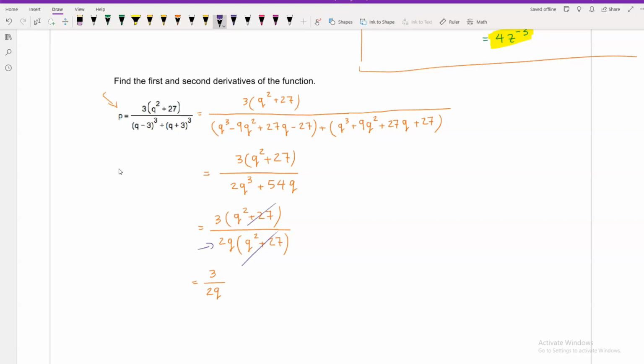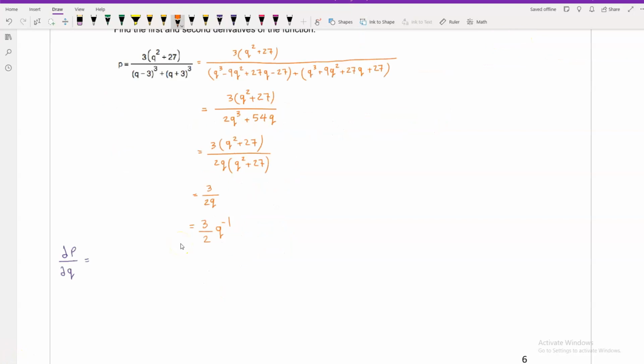So instead of finding derivative for that part, we only need to find derivative for this one, 3 divided by 2q. I can also write that equal to 3 divided by 2 times q to the negative 1 as a power.